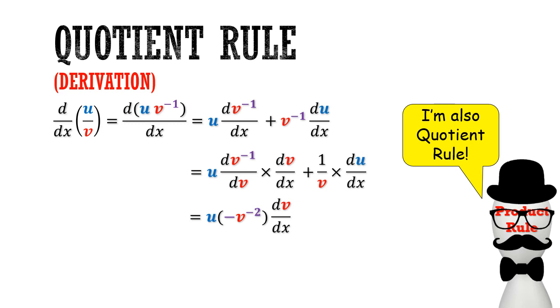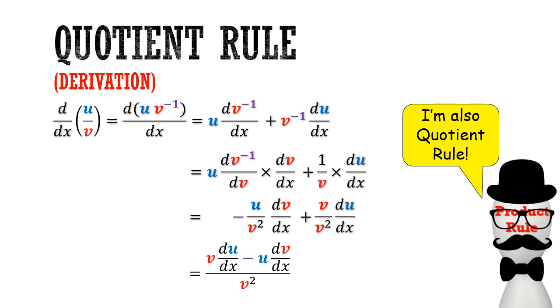Now we can simplify that, change it to positive index notation, we'll get negative u over v squared. For the second term, I'm going to change the 1 over v to v over v squared by multiplying a v to the numerator and denominator so that I have common denominators on both terms. This way I can combine both fractions together, and this gives me the quotient rule.